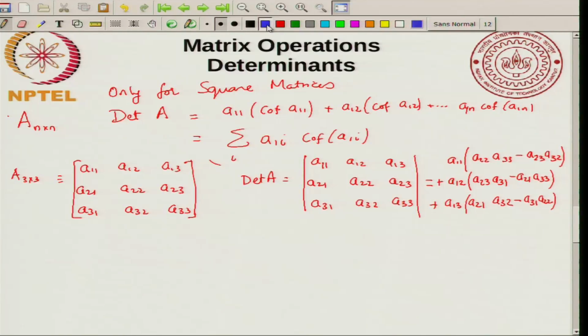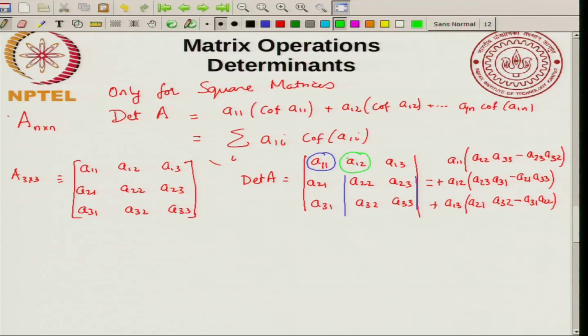Now, how did we calculate the determinant? We multiplied this A11 by what is called the cofactor, which is nothing but this determinant. Then we multiplied A12, which I will show you with a different color, with this. So, you remove this row and this column.